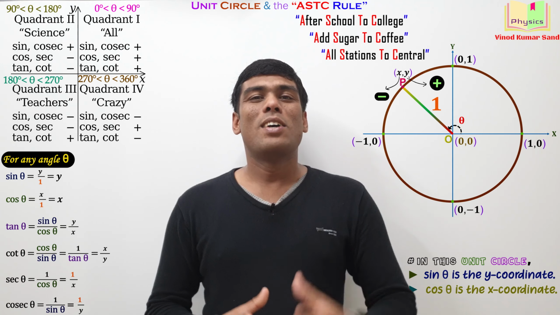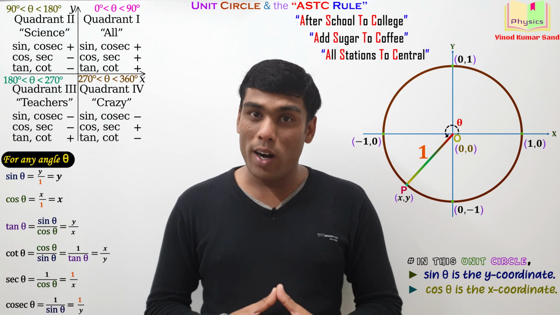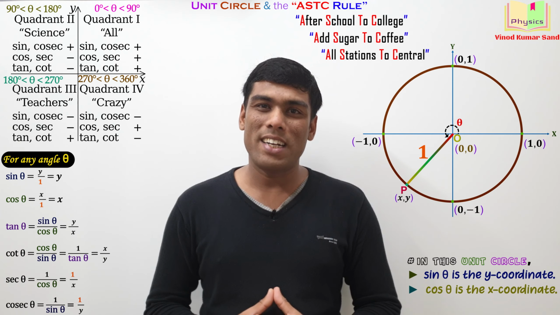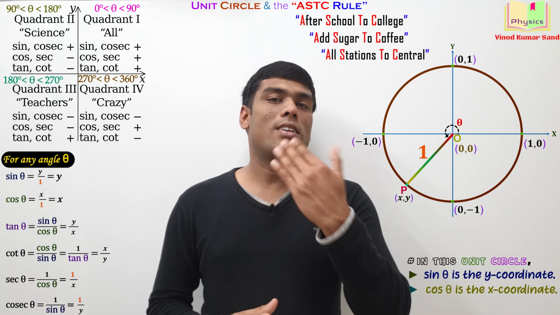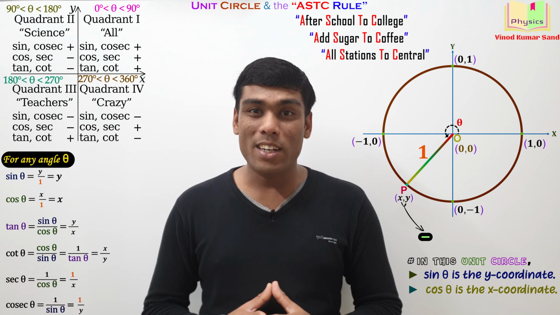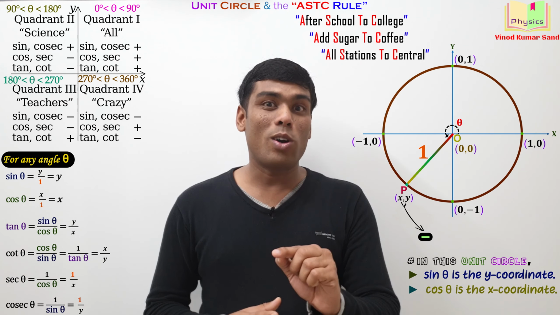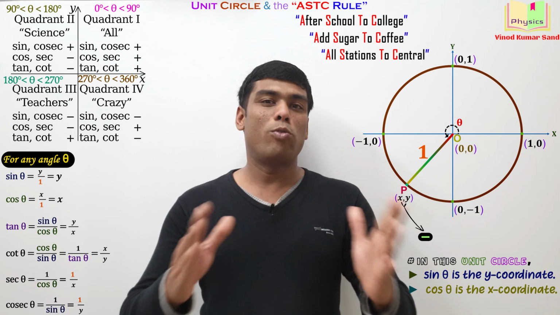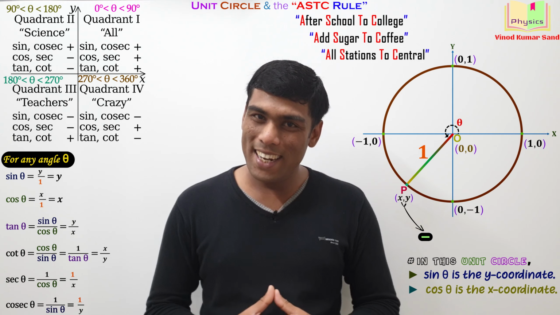Getting it? Moving further to the third quadrant, when theta is greater than 180 degree but less than 270 degree. In third quadrant, the x coordinate is negative as well as the y coordinate is negative. So the tan theta and the cot theta will return us the positive values. Remaining four trigonometric ratios will be negative.